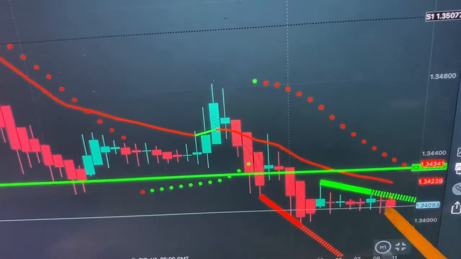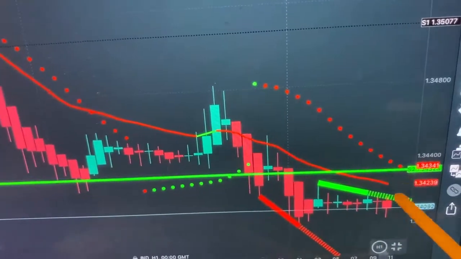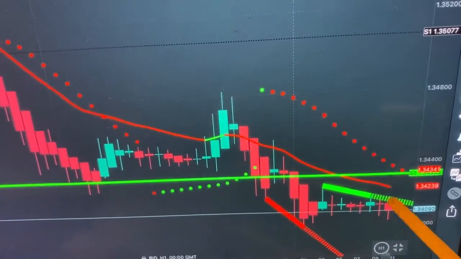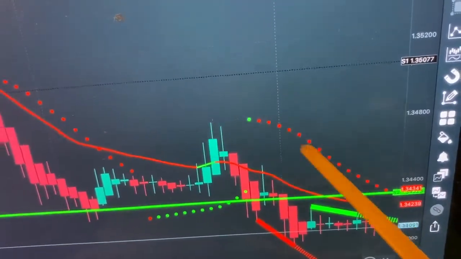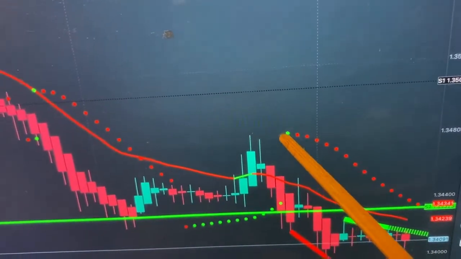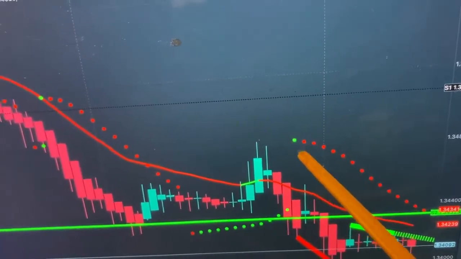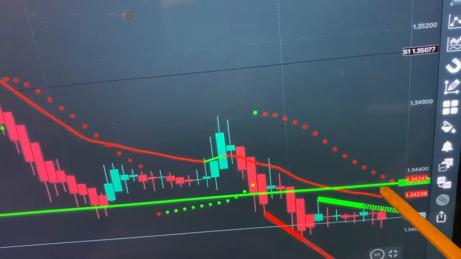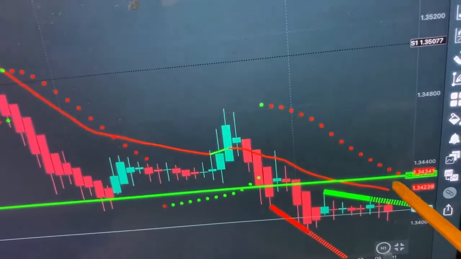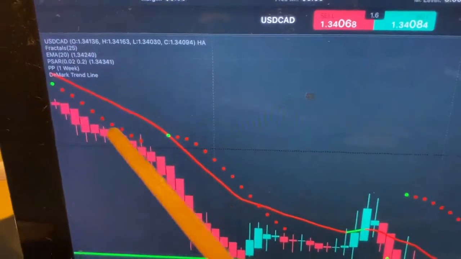But right now you're going to wait for a bearish candlestick that shows volatility, but then you will see a green above that candlestick. That's your entry to the sell.